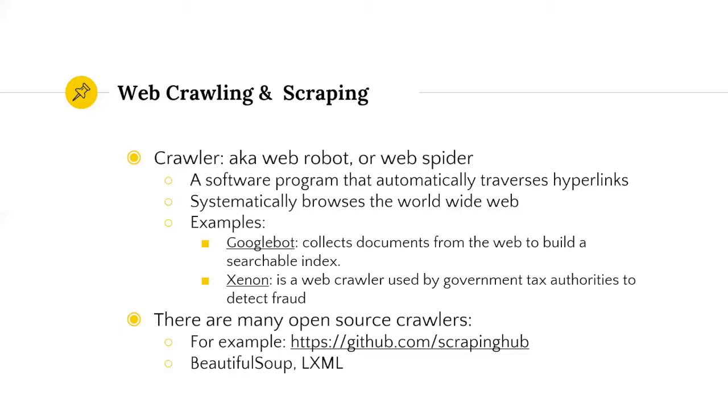The reason why web crawlers or robots are used is, for example, for a search engine to build an index. So what Google does, for example, is to deploy robots called Googlebot, and then it basically collects documents from the web, and then it caches the web page on their internal server.